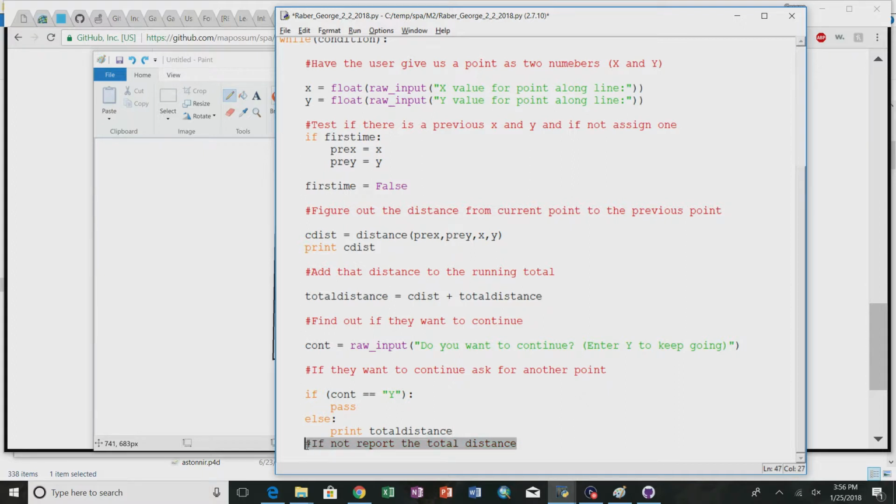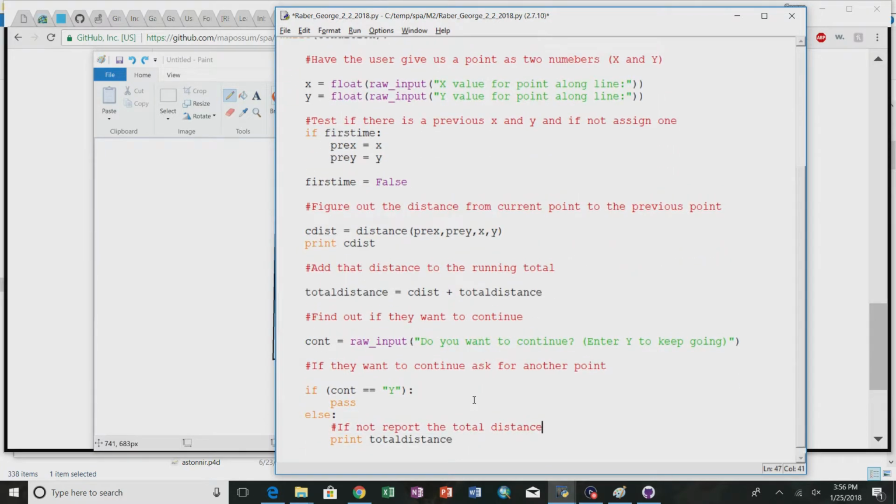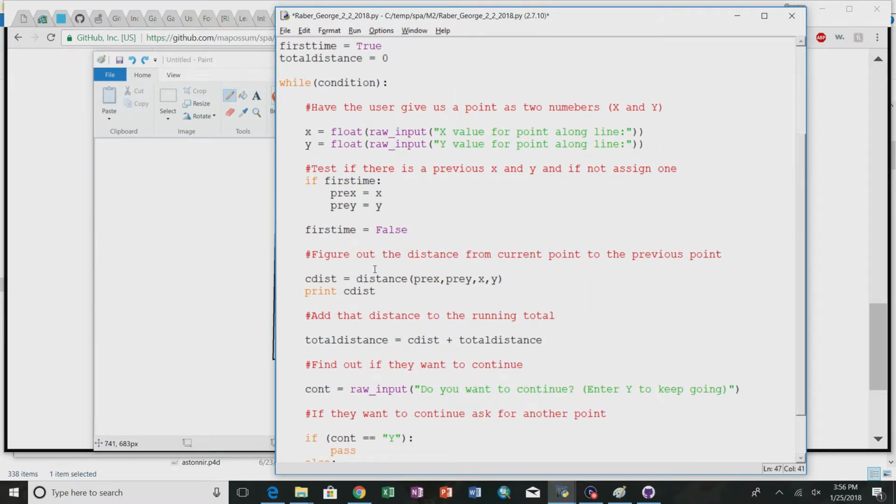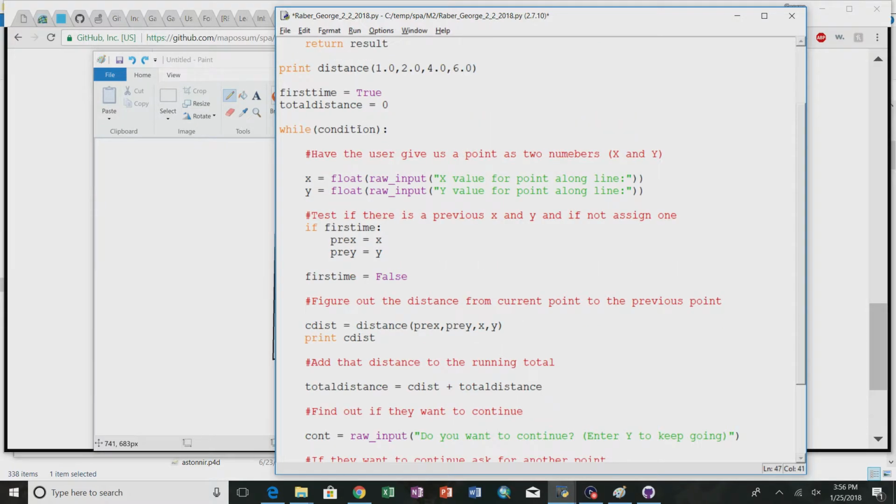I should actually put this comment right here. And then we need to do something. Okay, this is what I'll leave for you all. Okay, so the condition isn't really a condition yet, right? We need to make sure that this condition is set up.